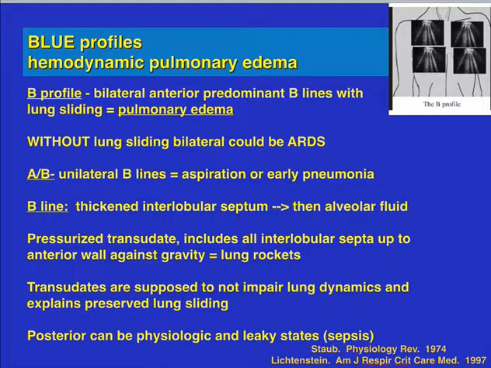So remember, B profile is bilateral anterior predominant B lines with lung sliding. So if you see pulmonary edema, almost no matter what the function is, the patient may not be able to tolerate more fluid. Either they have low nutrition status, or they actually have pulmonary edema from heart failure, and they may require more inotropic or vasopressor agents.